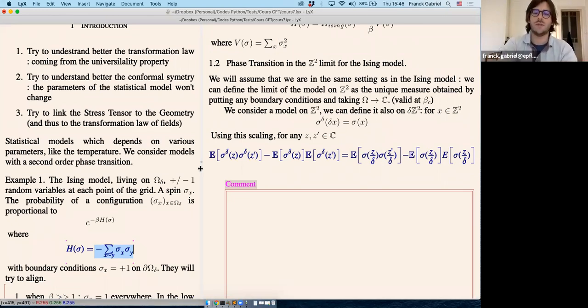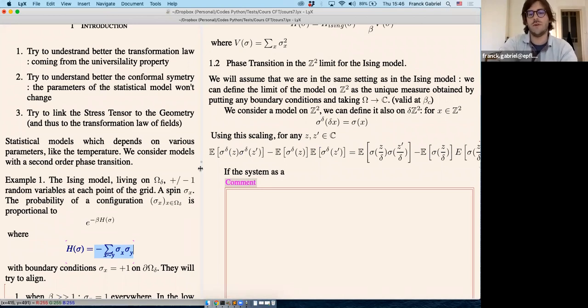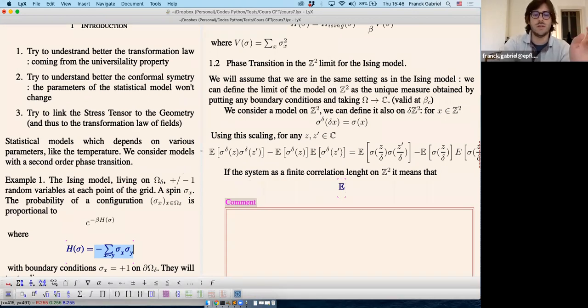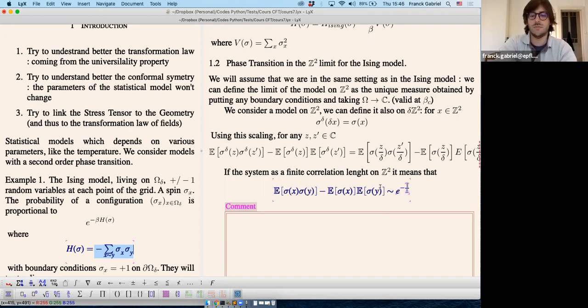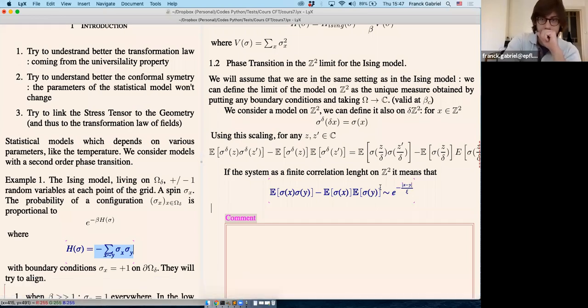So if the system has a finite correlation length on Z2, it means that this correlation, this 2-point function, sigma x, sigma y minus the product of expectations, decays as something like exponential of minus the distance between the two over the correlation length.